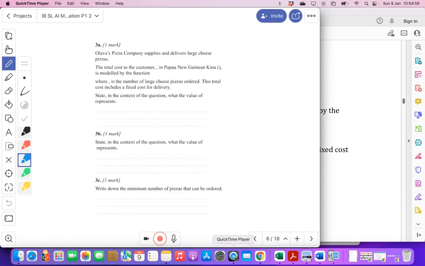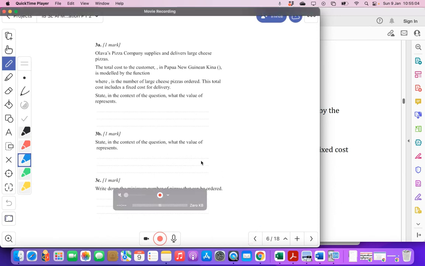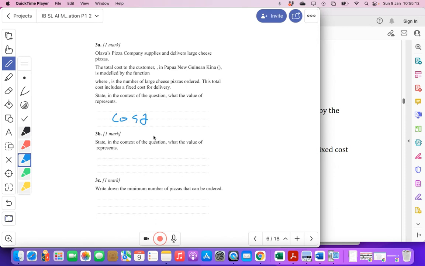Okay, so in the context of the question, stating what the value of 34.50 means is the cost of a pizza, basically, or the rate.